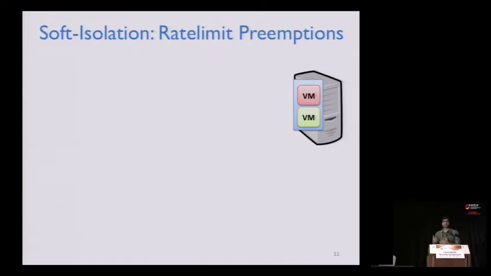So what could one do against such quick preemptions, and how do we avoid those dangerous cross-VM preemptions? One way to limit those dangerous cross-VM preemptions is to provide soft isolation by rate limiting preemptions. Let me explain what that means. In the current schedulers, when there's a pending event, the interactive VM is scheduled right away, and it preempts the currently running VM.